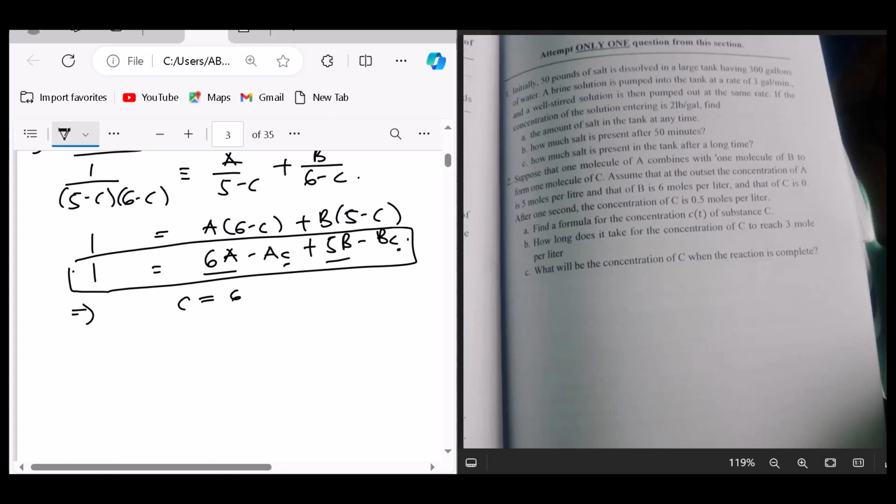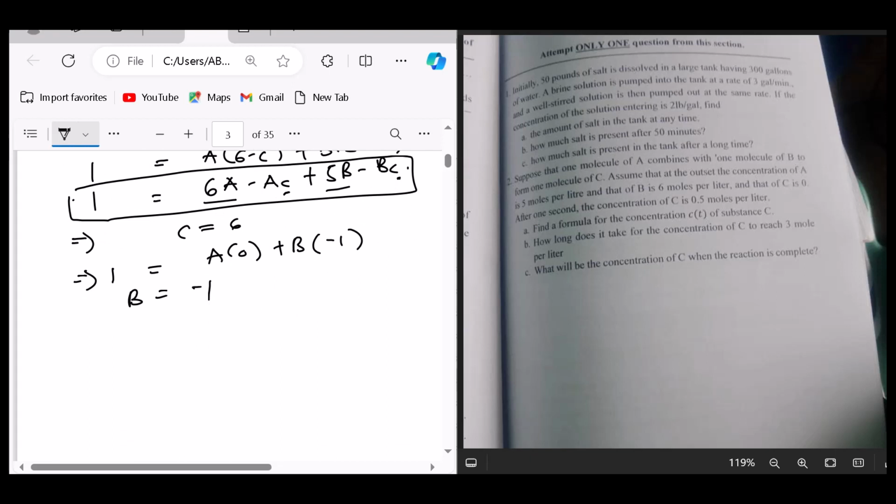If C is 6, that implies 1 equals A times 0 plus B(negative 1), so B is negative 1. Now if C equals 5, that implies 1 equals A(6 minus 5) plus B times 0, so A equals 1.